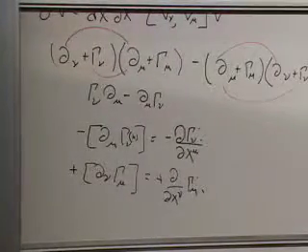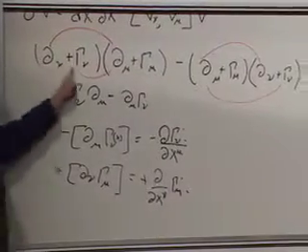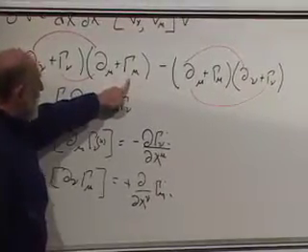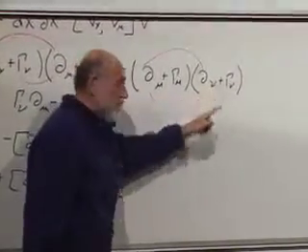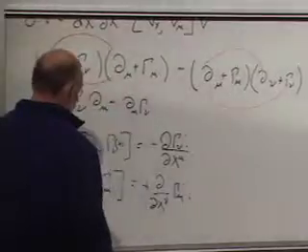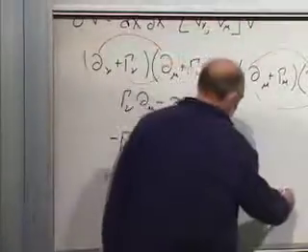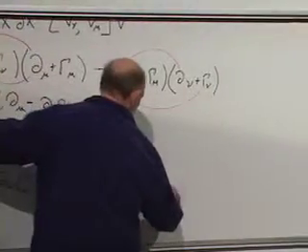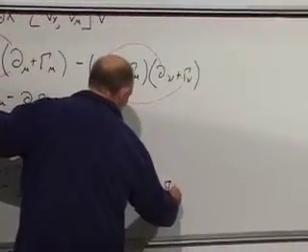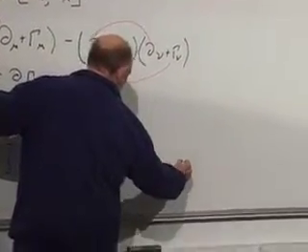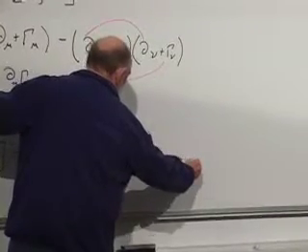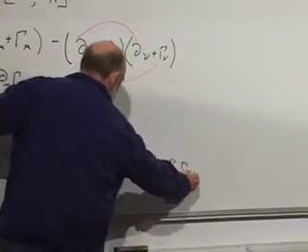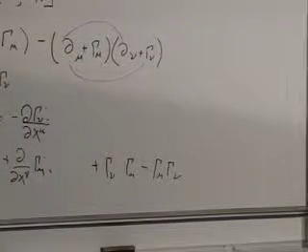And now what's the last term? The last term is gamma nu times gamma mu minus gamma mu times gamma nu. Right? So the last term, I'll write it in here, is plus gamma nu gamma mu minus gamma mu gamma nu. Now, why isn't that 0?